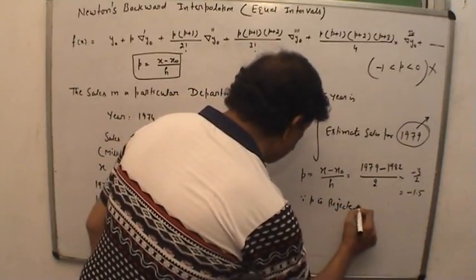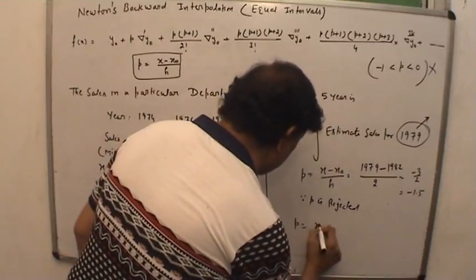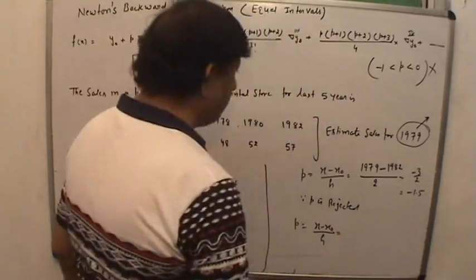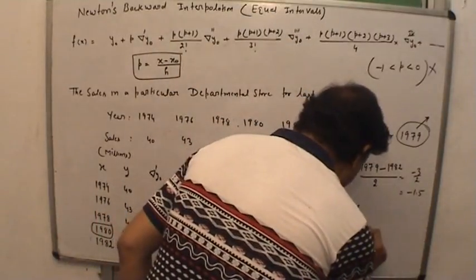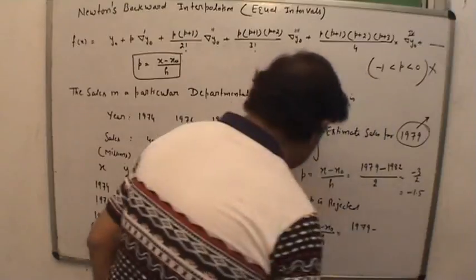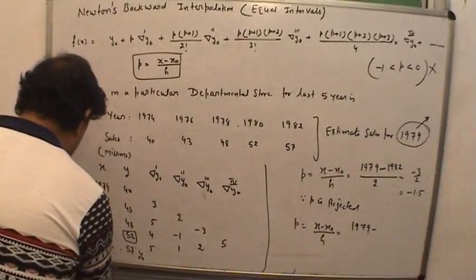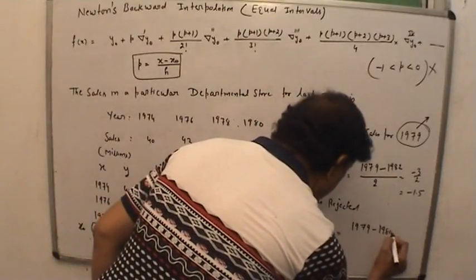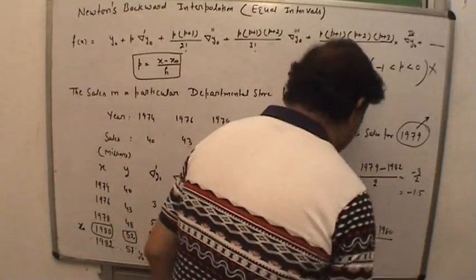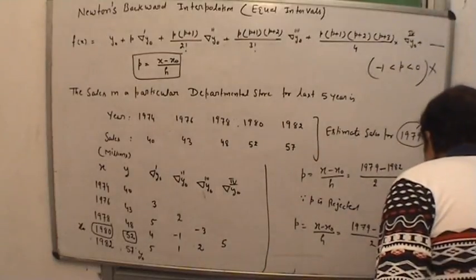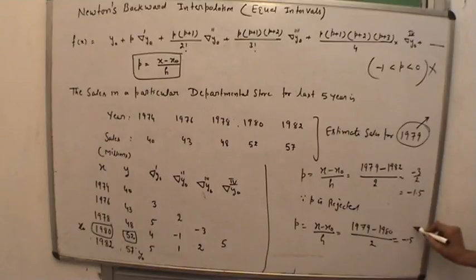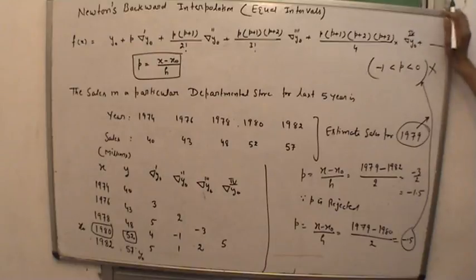Now we work for another value of p with the same formula, x minus x0 divided by h. Here x is the point of interpolation minus x0. It is x0 1980, 1979 minus 1980 divided by 2, and that is equal to minus 0.5. Now we see this value is obeyed by this rule.